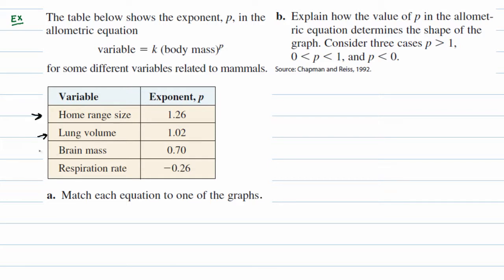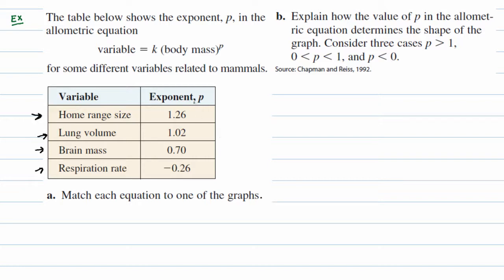The brain mass for a mammal is equal to some constant times the body mass of that mammal raised to the 0.7. The respiration rate, same thing, is equal to some number times the body mass raised to the negative 0.26 power. So part A says match each equation to one of the graphs.